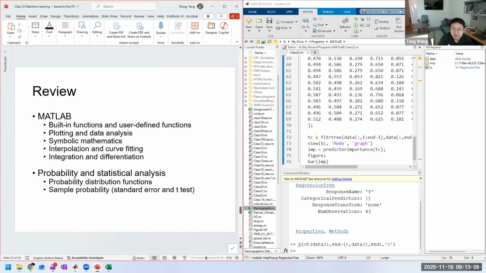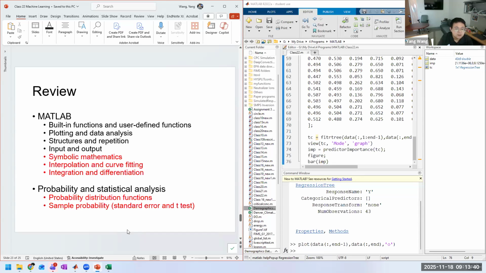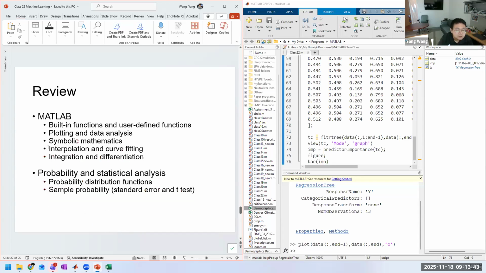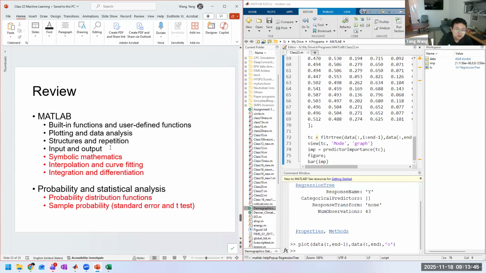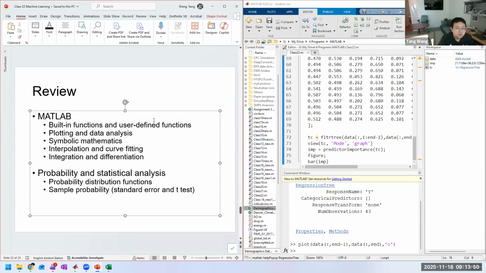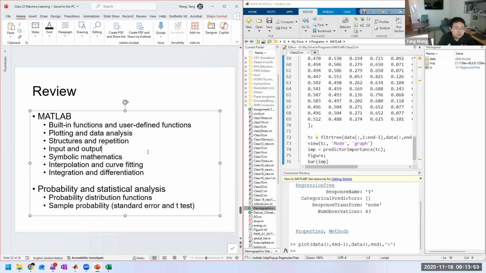We're not introducing any physical mechanisms to the data; we're just letting the machine do trial and error to classify the data and generalize some experiences. We also talked about structure and repetition, input and output, and so on. In terms of the exam, we're going to cover the components shown in the red font, and we're going to talk a little bit more about them in our class today.